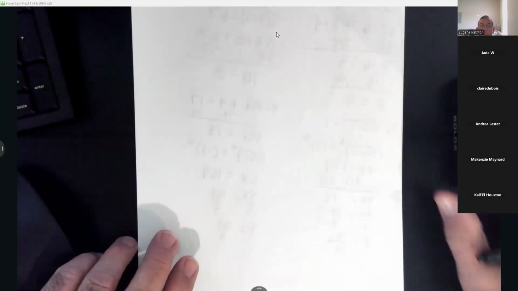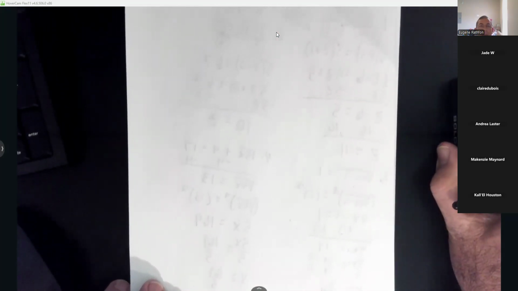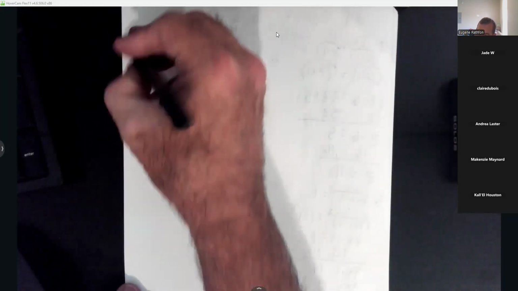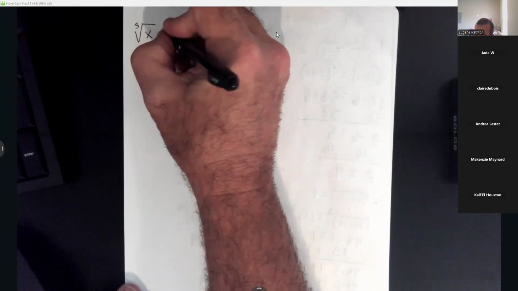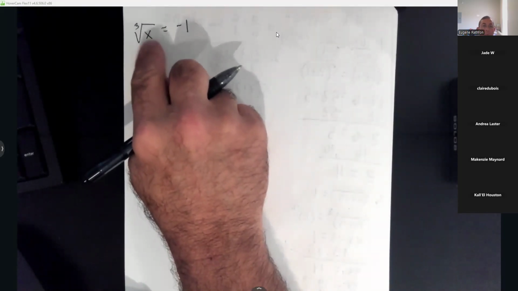Oh, y'all, there's just two more of these. Let's see. This one has cube root of x equals -1. So this cube root of x is all by itself.